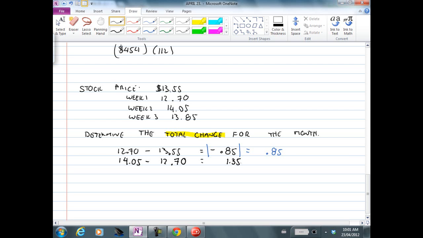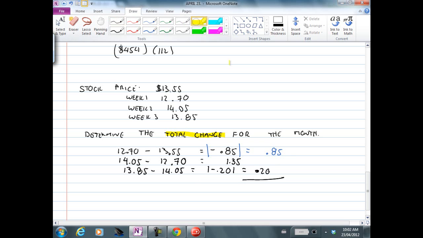Now, guys, calculate from week 2 to week 3. And tell me, what's the total change going to be? So which is 1385. See, this is where absolute value kicks in. Minus 1405. Gives me negative 0.20, but I want the absolute value of that. So which is 0.20.